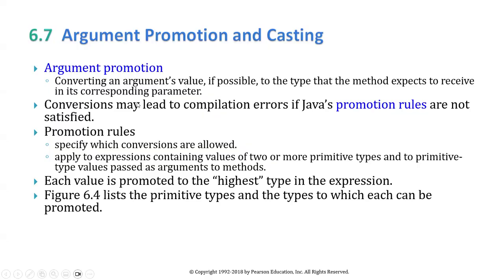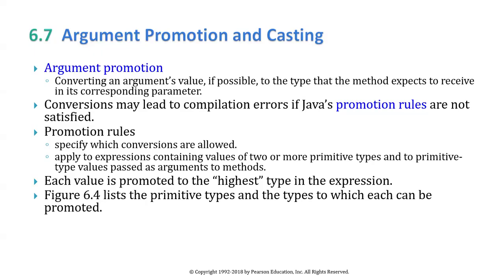So it is the same thing with type conversion. Conversion may lead to compilation errors if Java's promotion rules are not satisfied. Usually if you promote a small-range type into a long-range type, it's fine. But if you convert from long to short, it may lead to some errors.